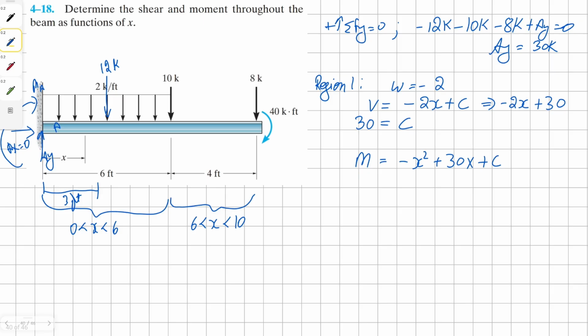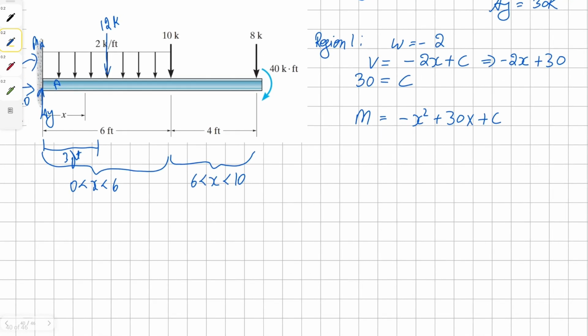But before we proceed to solve for our constant, we need to determine our moment at A, which we can find by taking the moment about point A. So we're going to have sum of moments at A, counterclockwise as positive, so we have negative moment A, and then clockwise we have 12k times 3 feet, then clockwise 10k times 6 feet, and then clockwise 8k, which is 10 feet away, and finally our given moment, which is clockwise 40k feet, all equals 0.